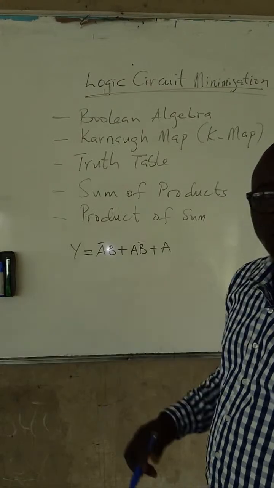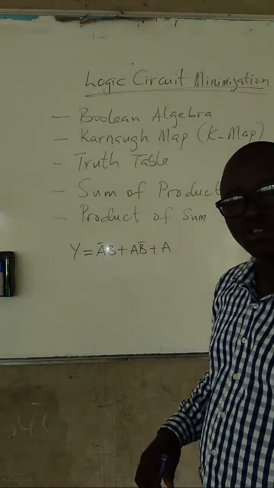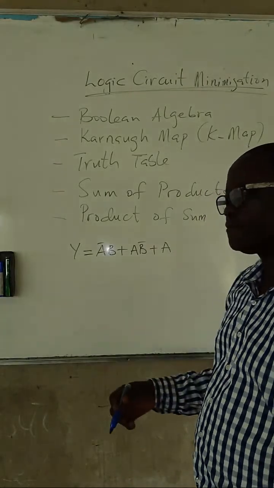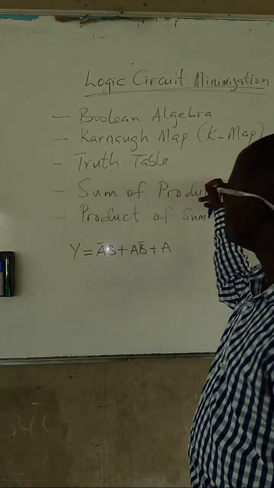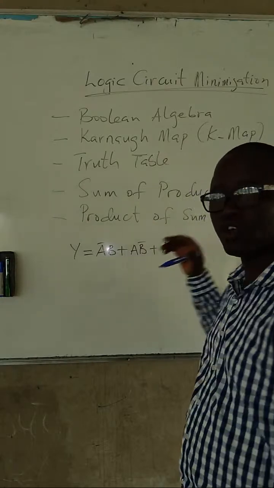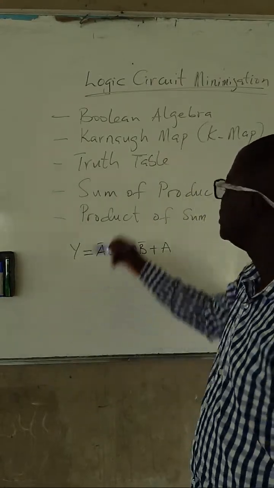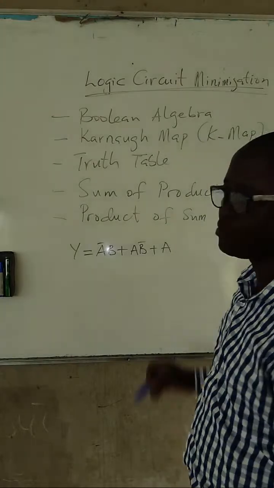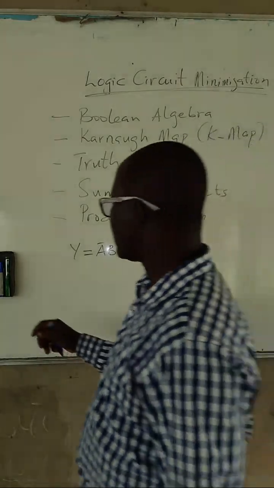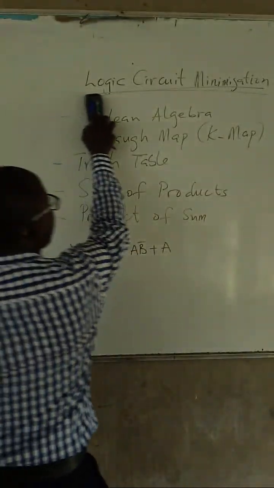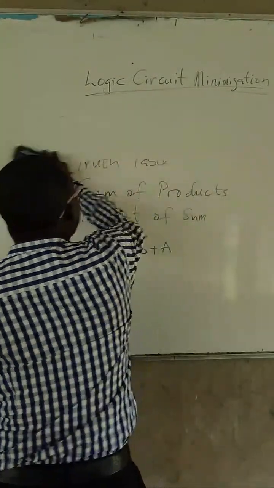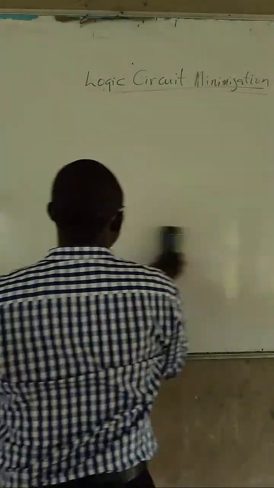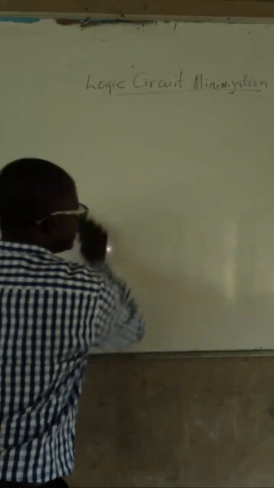So today we are going to have several combinational circuits that we are going to simplify. We are going to use a truth table to get the output of such circuits, and we are going to simplify them using a Karnaugh map. All right. So let's start. I'm going to use examples of combinational circuits to demonstrate that.